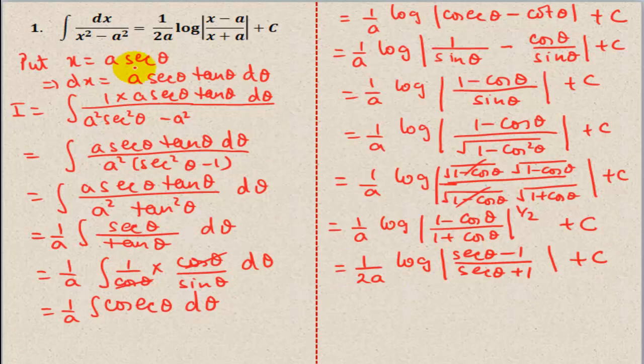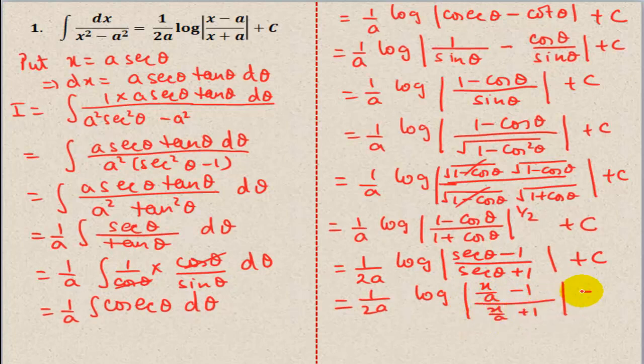Now you look at your substitution part. From here you will find sec theta can be written as x over a. So replace sec theta by x over a. So we have now log of x over a minus 1 divided by x over a plus 1 within the modulus plus constant of integration.